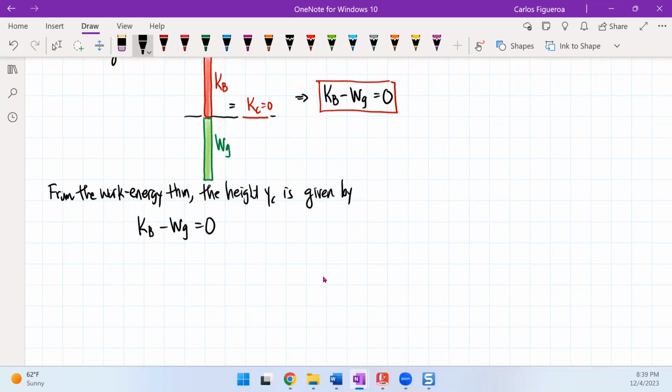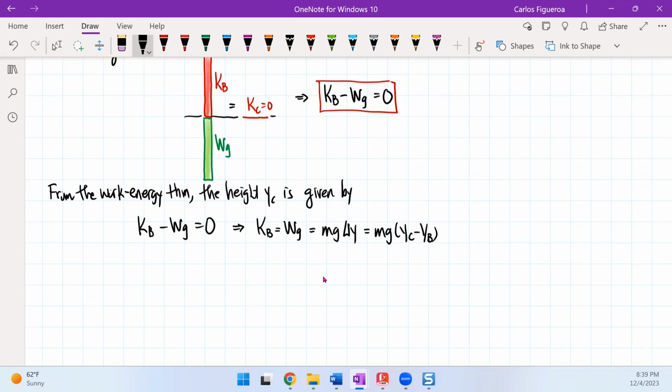So if this is 0, then KB here must equal the work of gravity. And in this case, it has to be what? This is going to be mg delta y, which will then be mg times (yc minus yb).